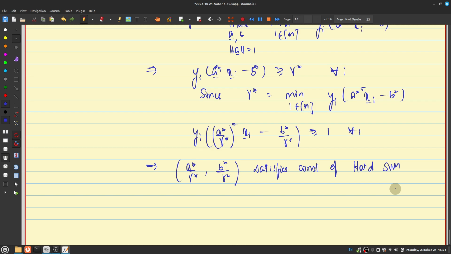For what particular set of points would gamma star come? In fact, if you're given an arbitrary training set, you can always choose something with gamma star strictly greater than 0. Not equal to 0, strictly greater than 0.